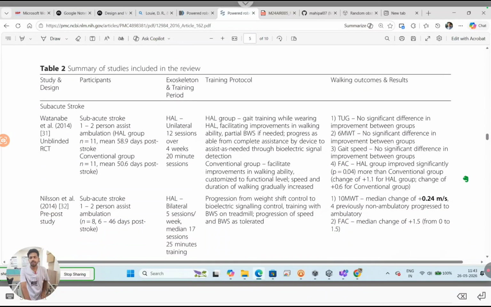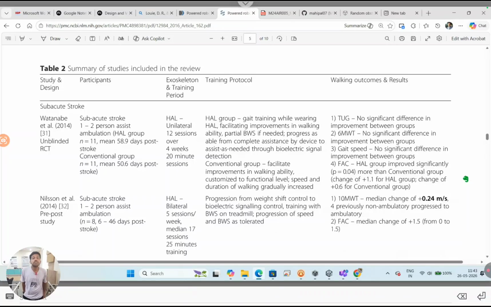Okay, so next, this is table number 2, summary of studies included in the review. You can see the study and design, participants, exoskeleton, training period, training protocol, walking outcomes, and results. So first we will study the subacute stroke. Watanabe, subacute stroke, assisted ambulation, N equal to 11, mean 58.9 days post stroke. Conventional group, N equal to 11, mean 50.6 days post stroke.